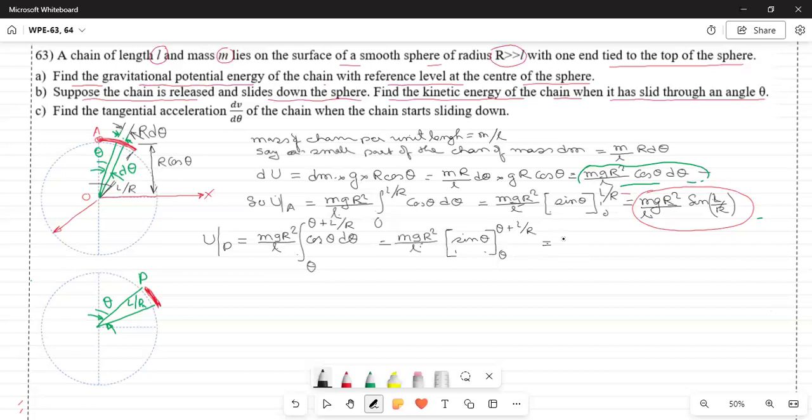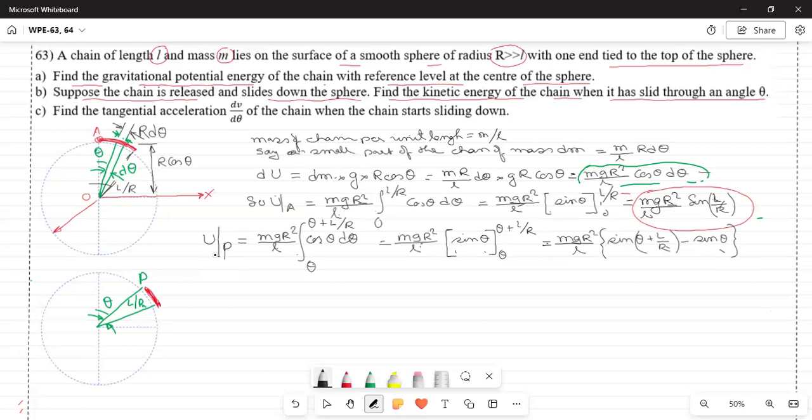It is mg r square by L, then within the bracket we write sine of theta plus L by R minus sine theta. So this is the potential energy at P.